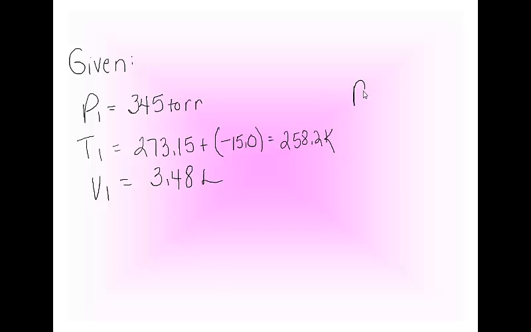I have a set of second conditions after the switch, after the change. They increase the pressure. They increase the temperature. And they're asking me about the volume. So this must be in a flexible container where the volume changes, maybe a real thick latex balloon or something like that.